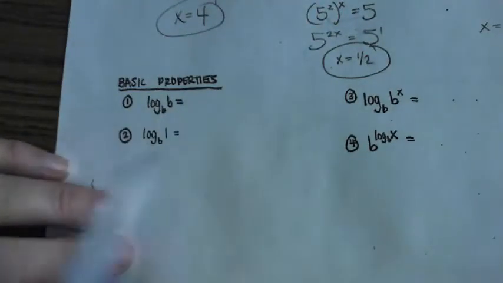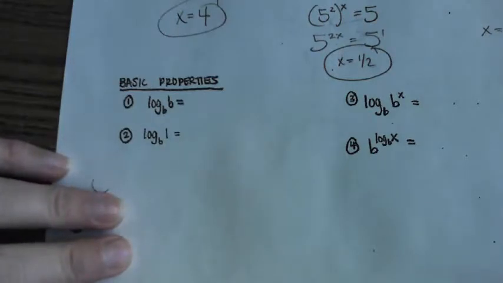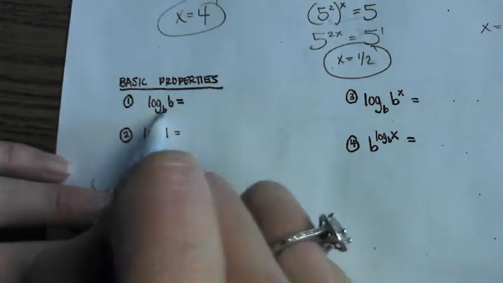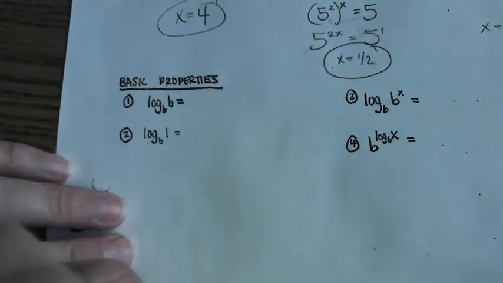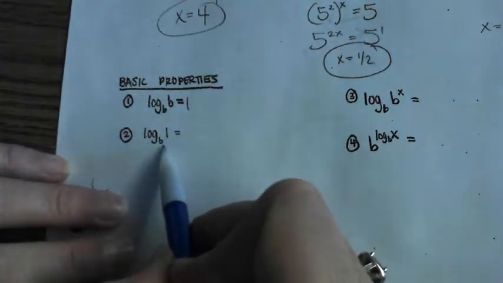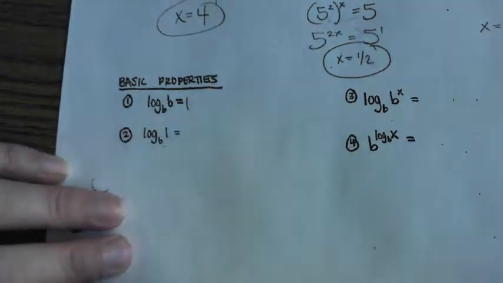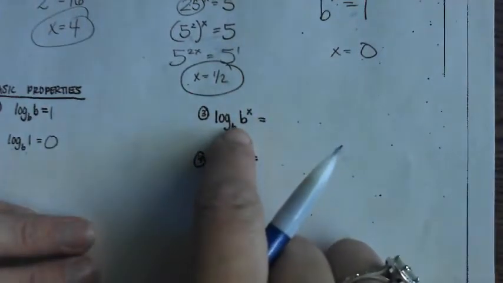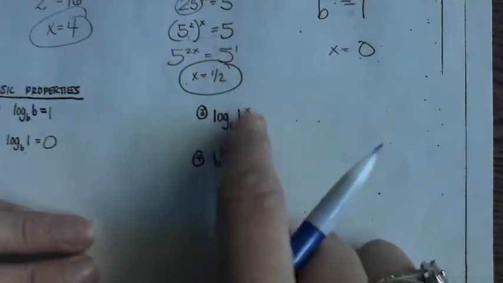Okay? Basic properties. What is log base b of b? People like to say they cancel, but it doesn't really cancel, because the question is the base of b to what power will give you b? Mitch? 1. In 2, the base of b to what power gives you 1? 0. b to what power will give you b to the x?